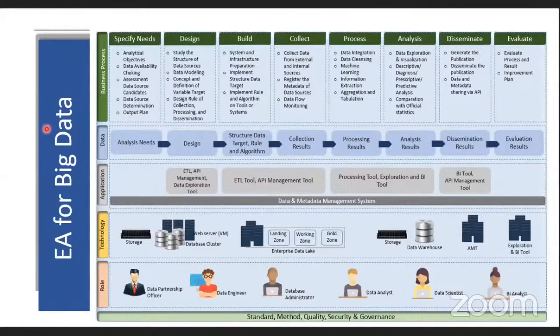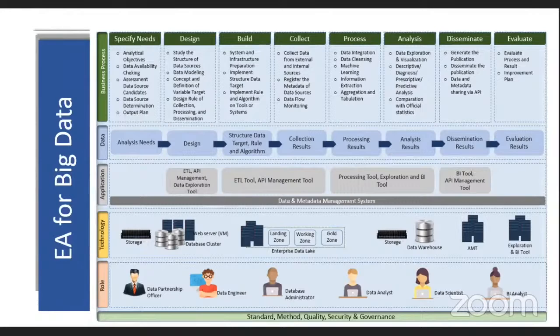This is the framework that we try to build to explain big data utilization in a systematic way. In some references, for example from UN Stats, they state that big data as a data source is not much different from other data sources.